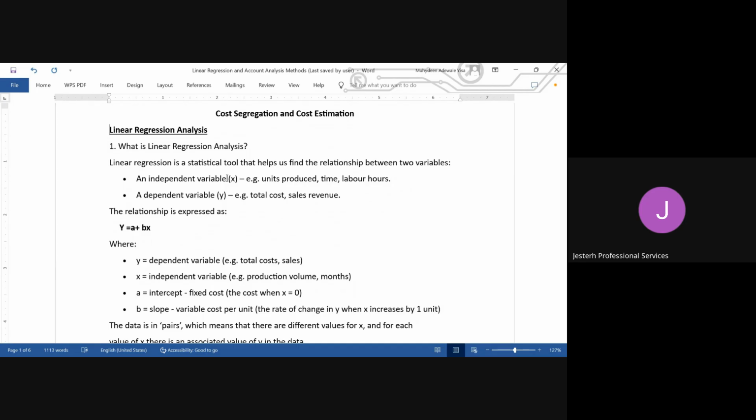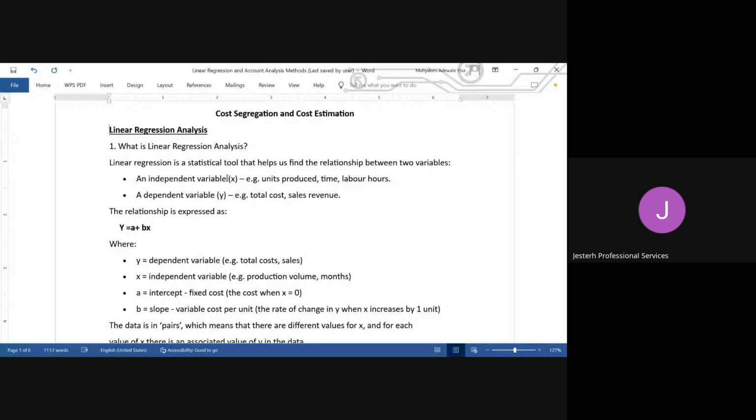High and low method only deals with the fixed cost and the variable cost, just to help us know how the cost structure or cost function is all about.